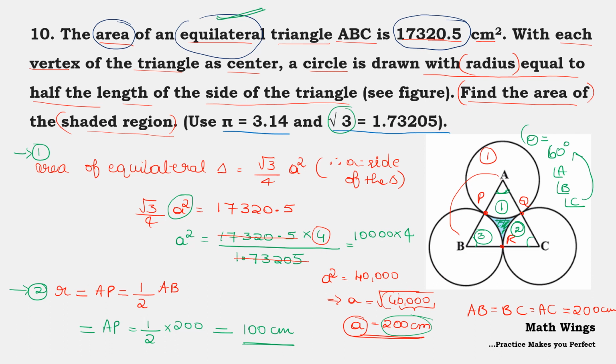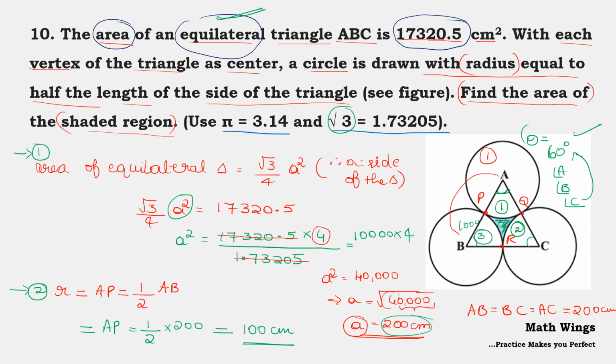Since all the sectors have the same central angle, that is 60 degree, as well as the same radius, 100 centimeter, we can say that the areas of all the sectors are equal.